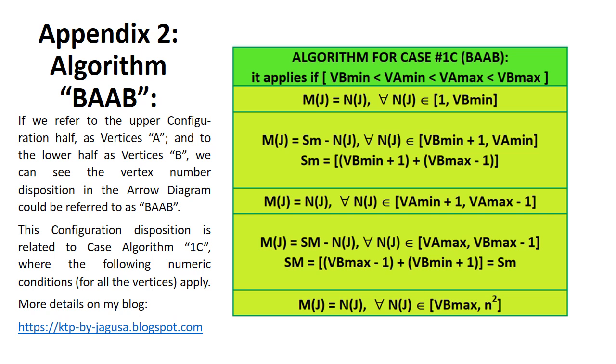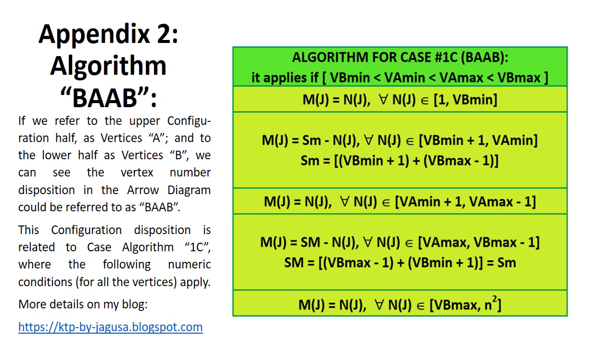And, Mj equals Sm minus Nj, for every Nj within a set going from vertex B minimum plus 1 to vertex A minimum, with Sm equals vertex B minimum plus 1, plus vertex B maximum minus 1. And, Mj equals Nj, for every Nj within a set going from vertex A minimum plus 1 to vertex A maximum minus 1.